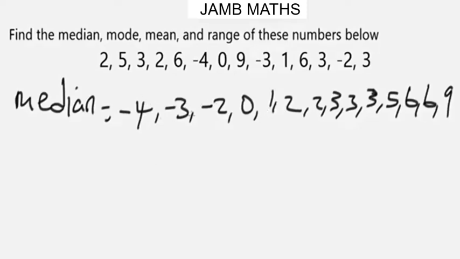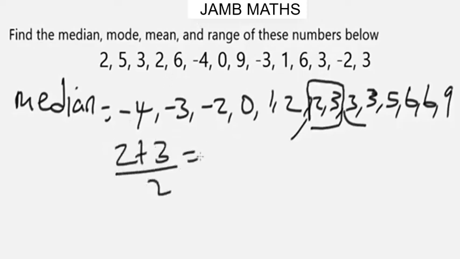We have -4, -3, -2, 0, 1, 2. That's 6 values from the left. And we have 9, 6, 6, 5, 3, 3. That's 6 values from the right. As you can see, we have 2 middle numbers here. To get the median, it will be 2 plus 3 over 2, which is 5 over 2, the same thing as 2.5.